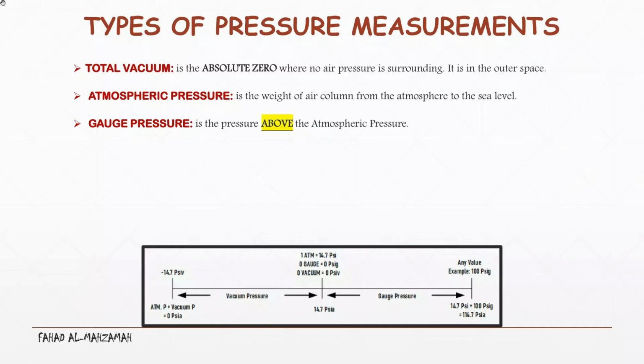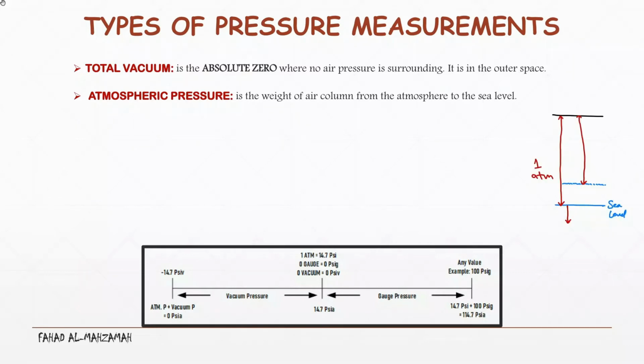So what is gauge pressure? It is any pressure above the atmospheric pressure. So the reference for the gauge pressure is the atmospheric pressure. For example, in the previous slide, we said this is the atmosphere, right?